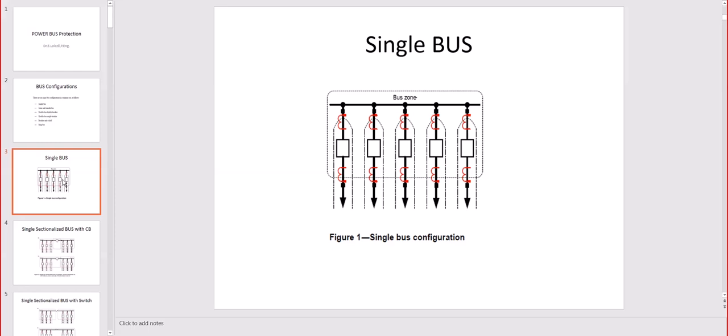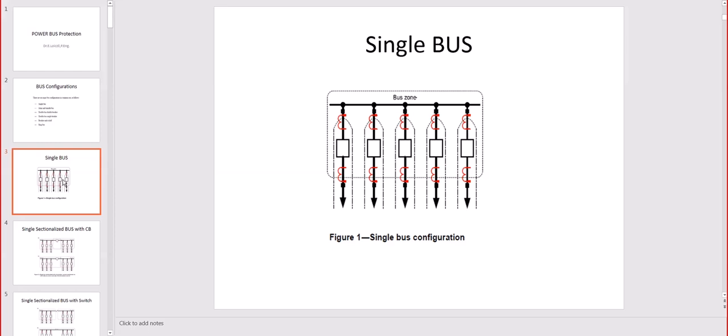Now what you see with the dashed line is the zoning. So one zone encompasses and overlaps. You see it is going up to the CTs, the current transformer on the feeder down there, and the others are starting from the upstream CT.